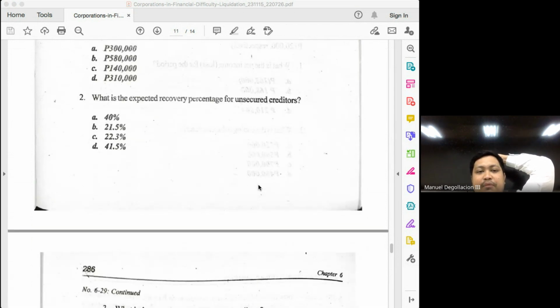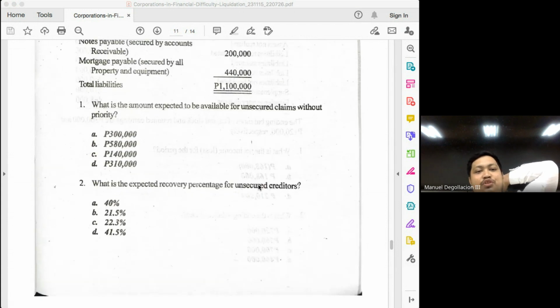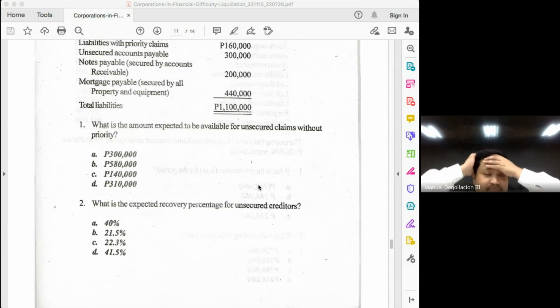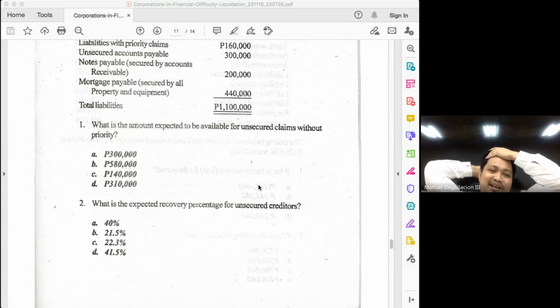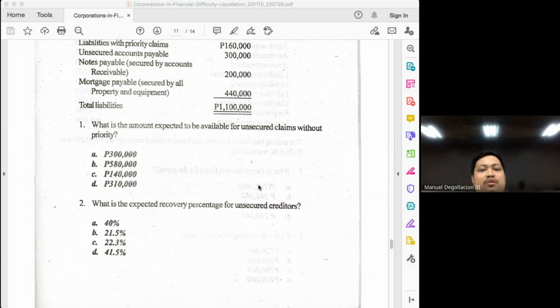Basically the sum of the payments to the four groups of creditors. Now the issue now is number 1. What is the amount expected to be available for unsecured claims without priority? If this was an open-ended question, class, some of you would have answered 120, focusing only on the unsecured without priority.